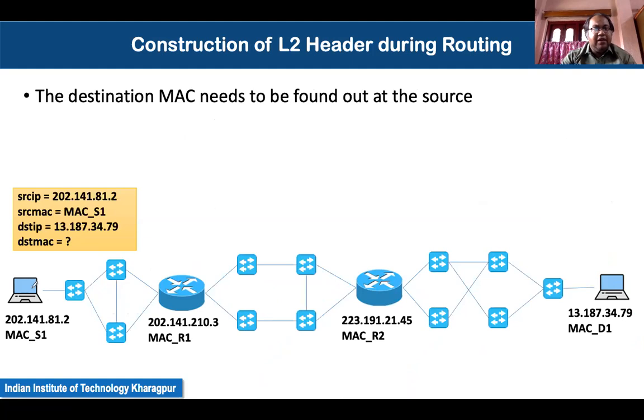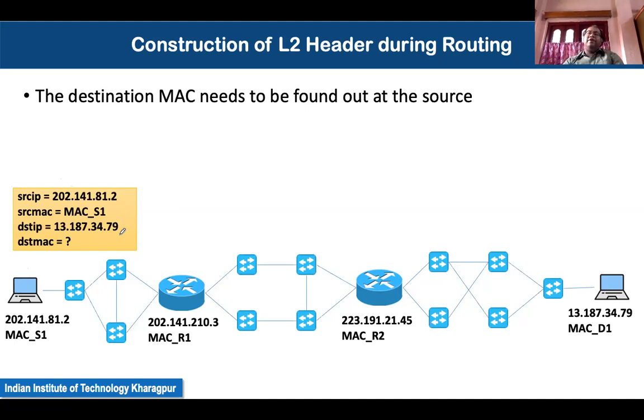Now, whenever the source is constructing a packet, the source IP is the IP of this machine, which is 202.141.81.2. The source MAC is the MAC of this machine, which is MAC_S1. The destination IP is the IP of the final IP destination, that is 13.187.34.79. Now the question is, what is going to be the destination MAC?